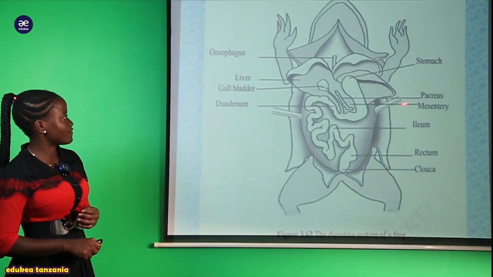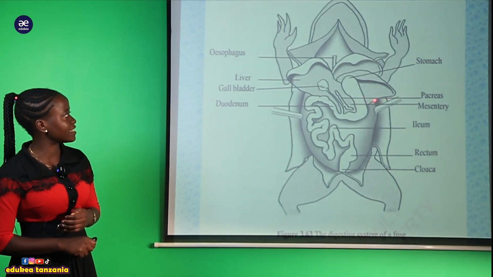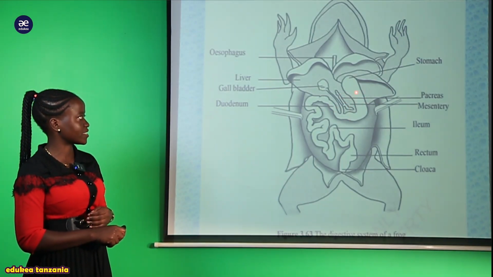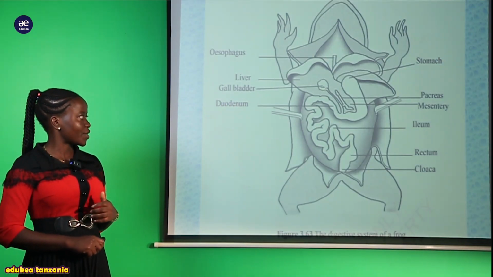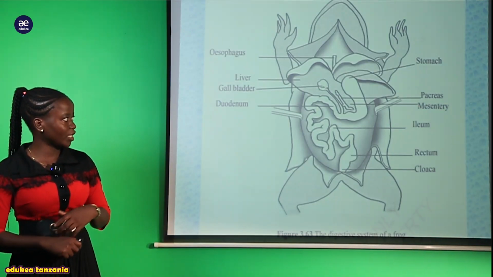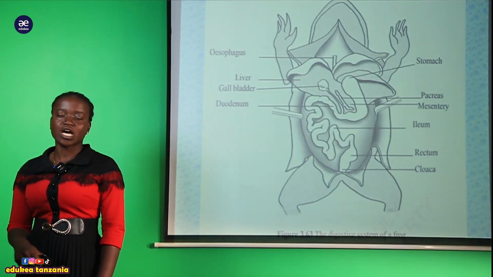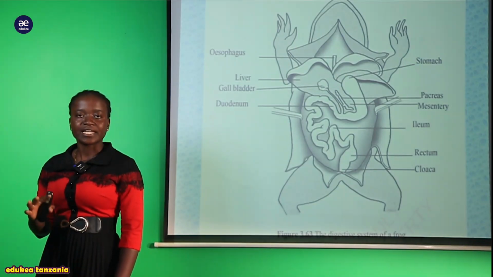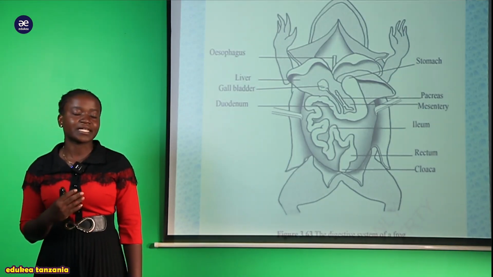And thereafter we have a pancreas which lies between the stomach and the duodenum. As you can see, this one is the duodenum. So hii pancreas ipo katikati ya hii stomach na hii duodenum. And also we have the mesentery. This one is the mesentery, ambayo katikati yake hapa ya mesentery we have the red structure ambayo inaitwa spleen, ambayo inakuwa haina kazi yoyote ndani ya chura, haifanyi digestive role yoyote ndani ya chura.